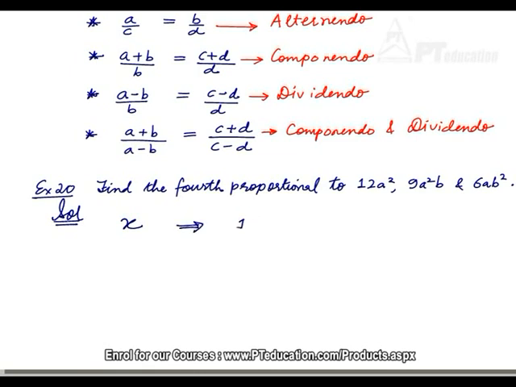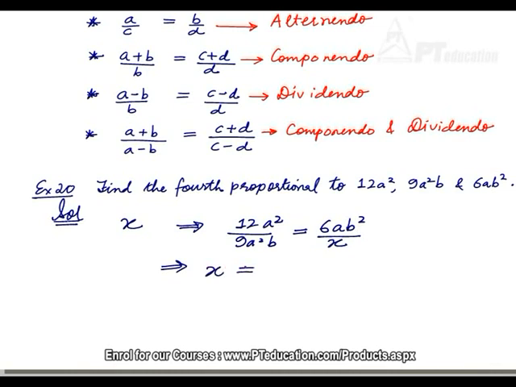So if x is the fourth proportional, this will imply that 12a square upon 9a square b will be equal to 6ab square upon x. Remember a, b, c, d, the four proportionals. So a by b is equal to c by d. Exactly by the same logic, 12a square upon 9a square b will be 6ab square upon x.